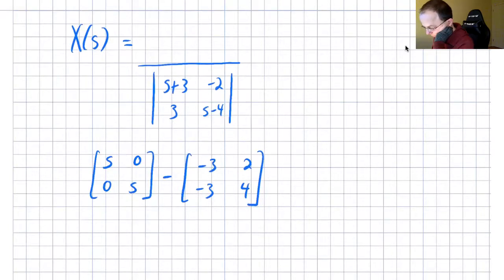And it turns out this is precisely the expression that you would be using in order to determine the eigenvalues of this matrix. It looks like this: s times identity minus the matrix.